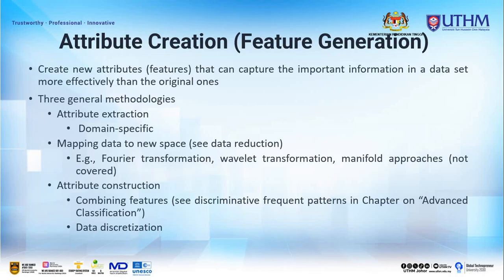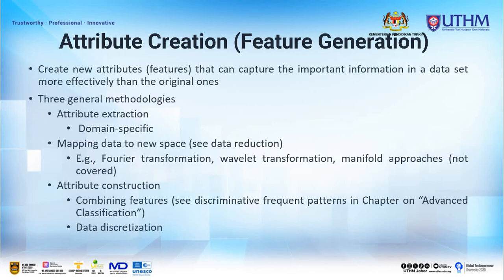Next, attribute construction. It's combining existing features to create new ones, and is useful for capturing complex relationships between the variables. Examples are discriminative frequent patterns, discussed in advanced classification algorithms.